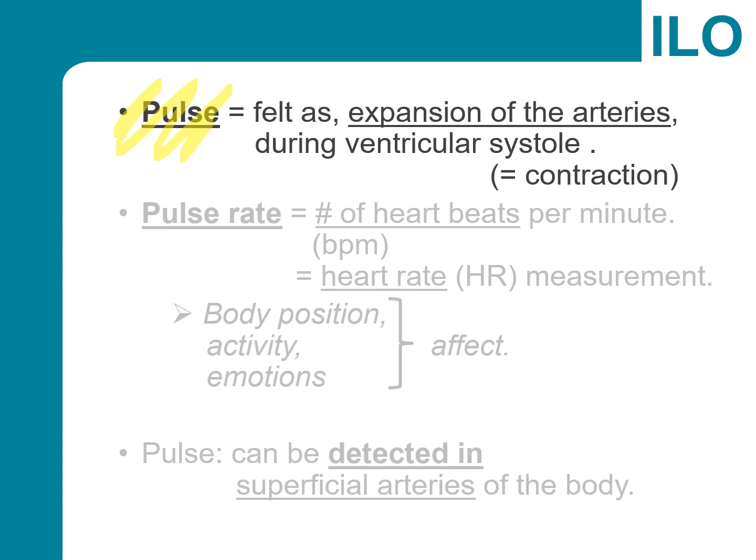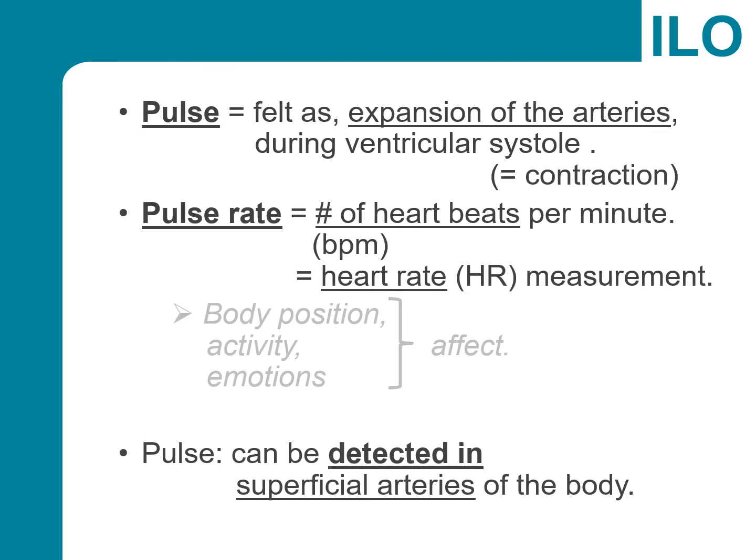And this expansion that we detect is taking place when the ventricles contract and push the blood out of the heart to the circulation. So this forceful contraction of blood out from where the heart is, is what we feel here.